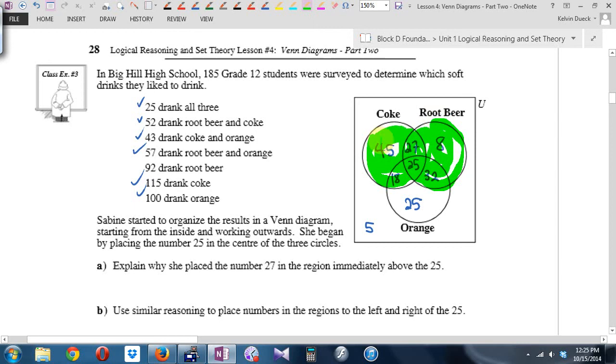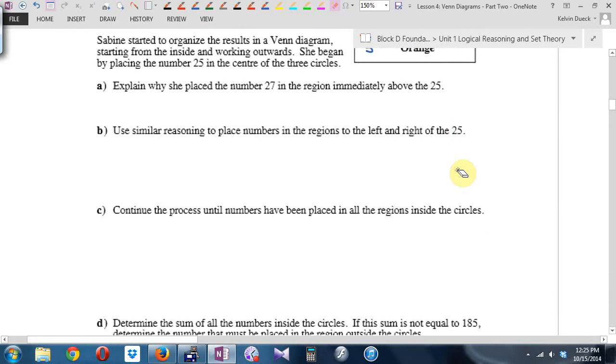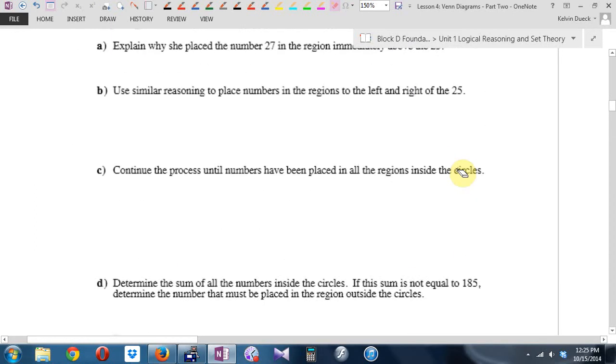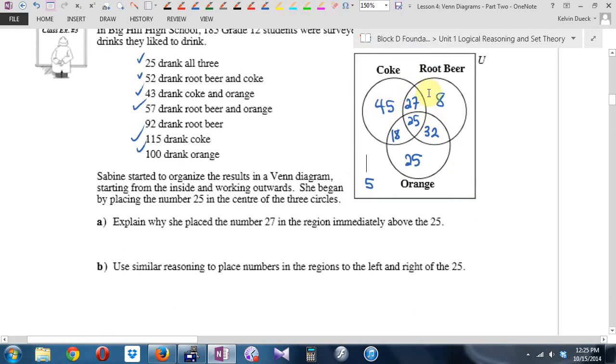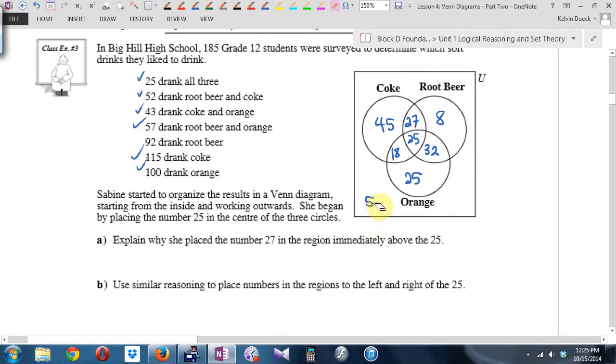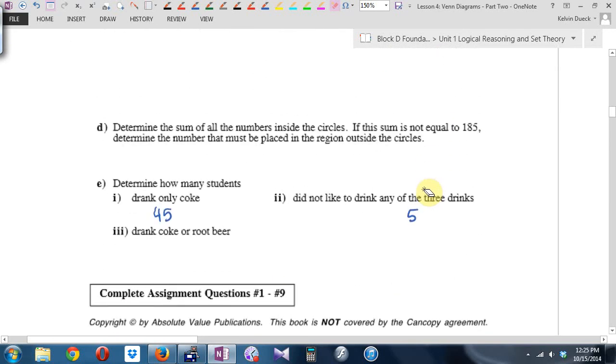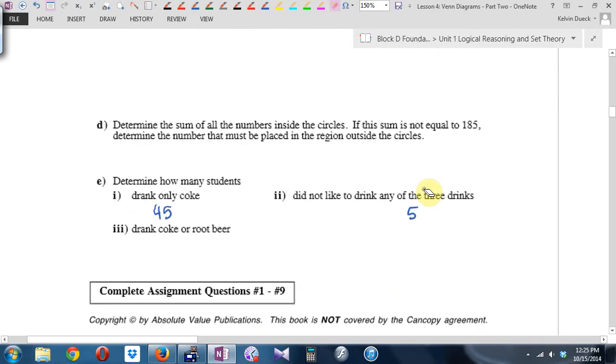Because remember, or in math means one or the other or both. It's going to be those. 155? By the way, you could have added those up, or you could have gone, you know what? It's going to be 185 minus that, because everything else is inside the Coke or root beer zone. Whichever way, I don't care. One's quicker, but... What did you say, sir? What was it? 155? Yeah.